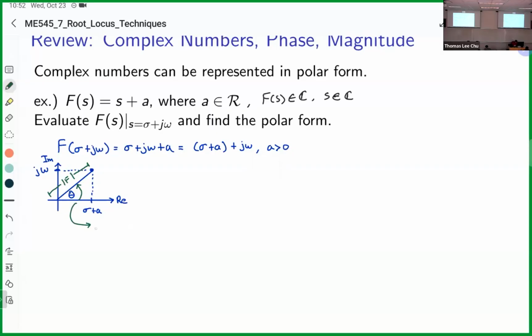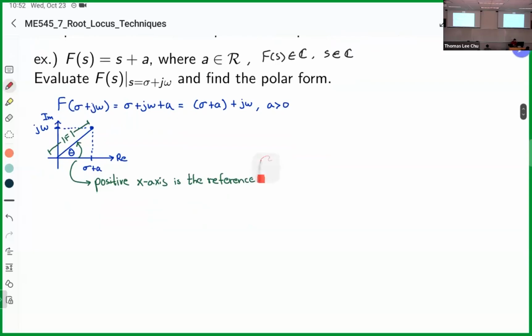Positive x-axis is the reference point. So for instance, if I were to have a point here, or maybe down here, we would reference it like this.